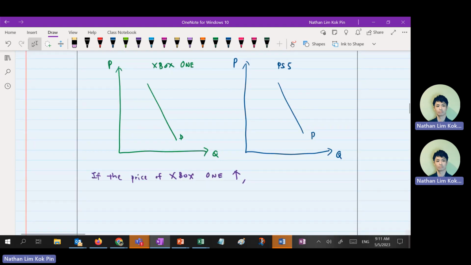Let me write one time for you. When the price of Xbox One increases, the quantity demanded of Xbox One will increase or decrease? Rise or fall? Fall. How do I represent this in my Xbox One diagram?